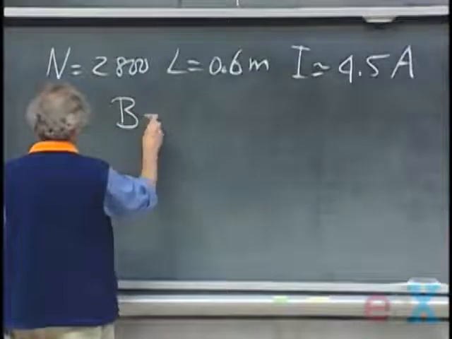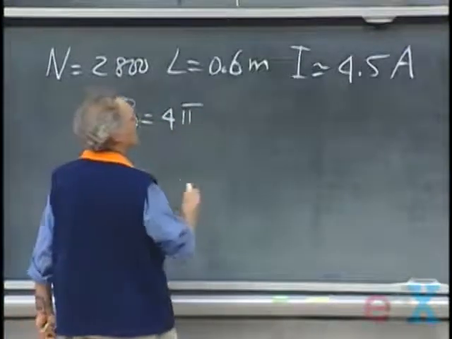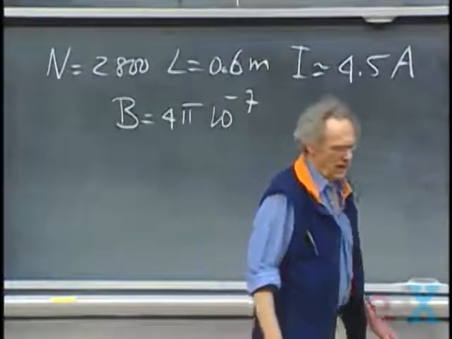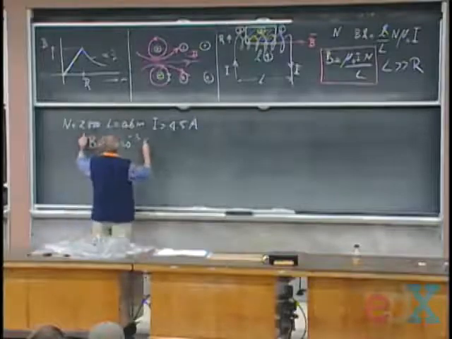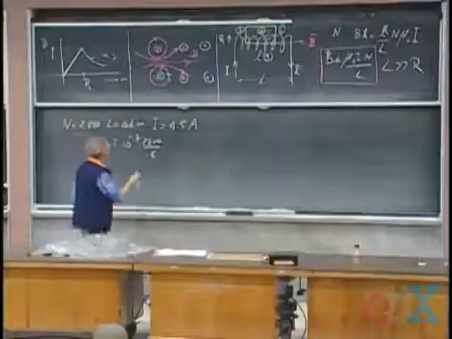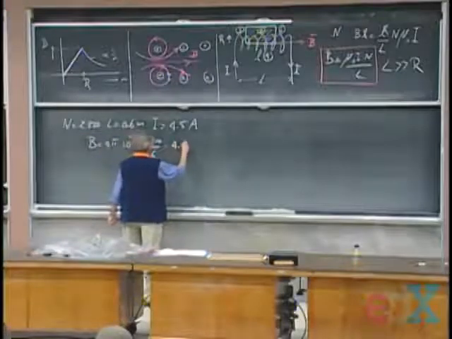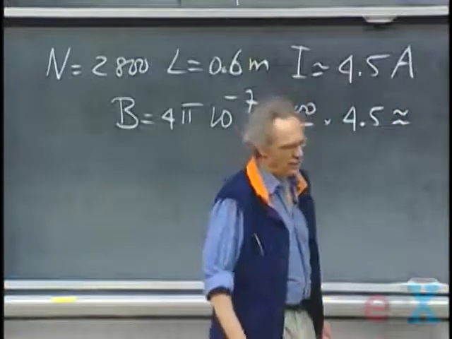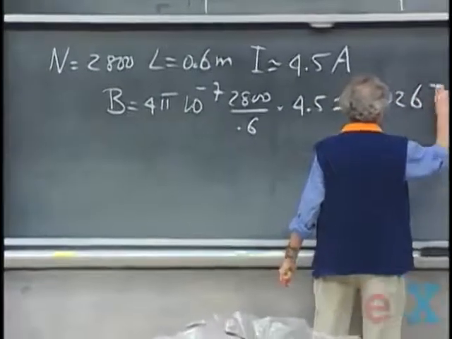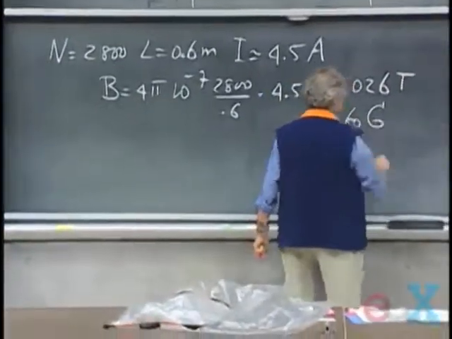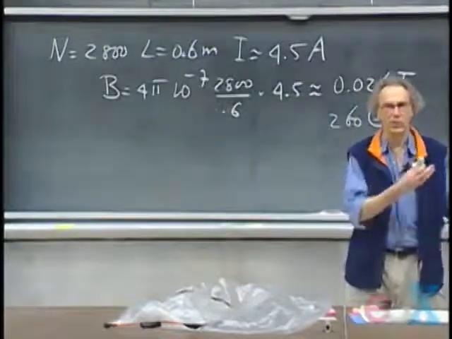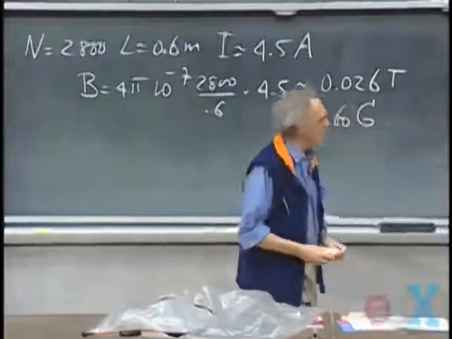So the magnetic field strength is going to be 4 pi times 10 to the minus 7, because that's what mu zero is. And then I have to multiply it by 2800, divided by 0.6, and then multiply it by the current, 4.5. And when I do that, I find about 0.026 Tesla. 0.026 Tesla, that is about 260 Gauss. And when we do the experiment, the current will be a little different, but you will see that indeed the field will be very close to 260 Gauss.